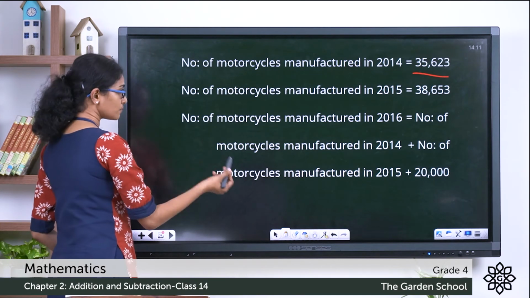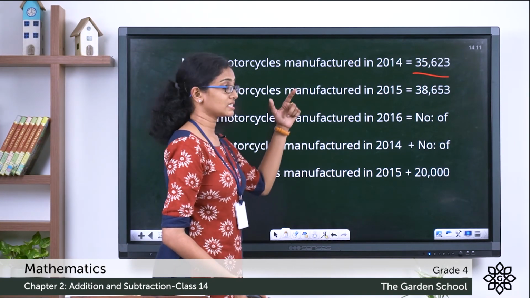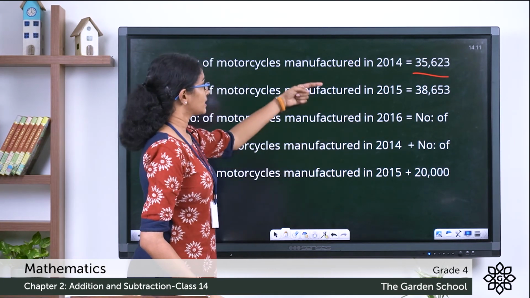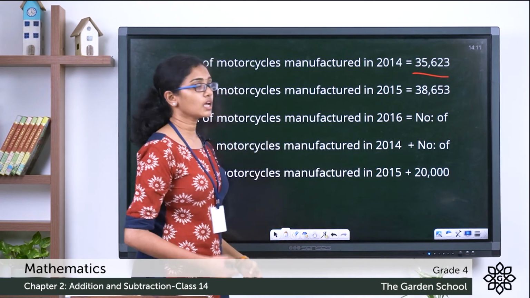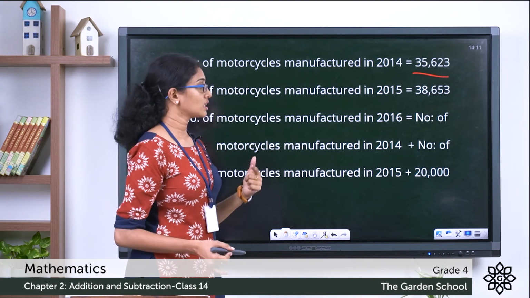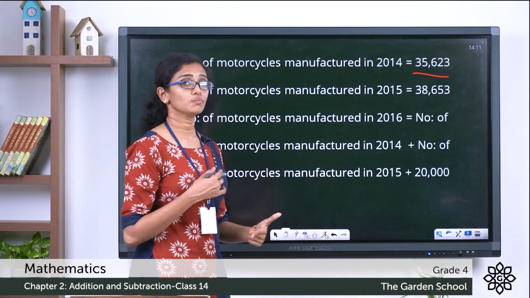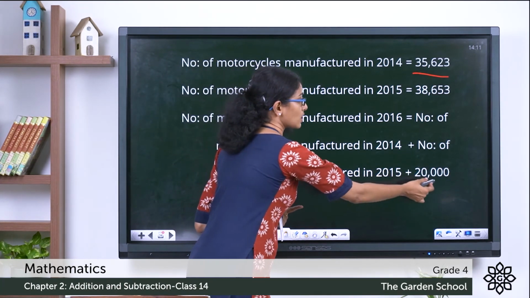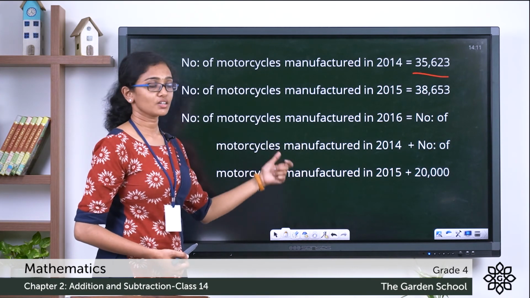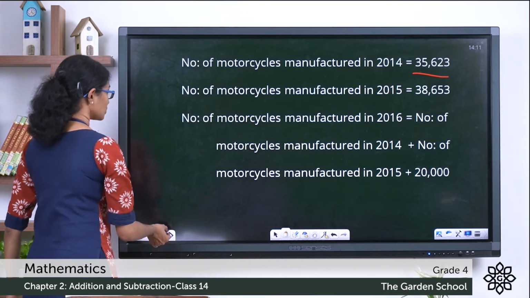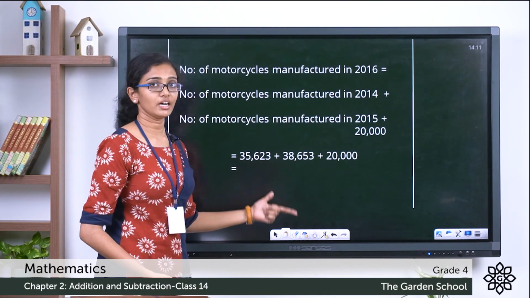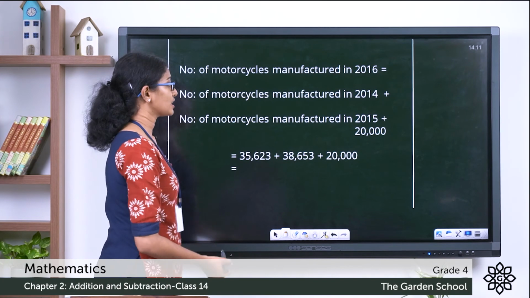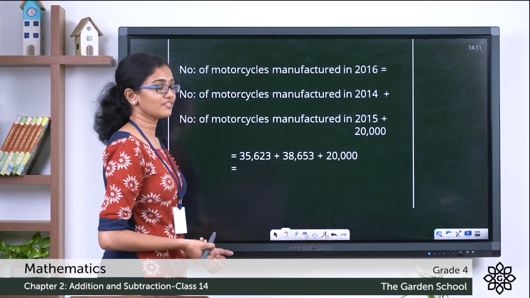Now, the number of motorcycles manufactured in 2016 is equal to the number in 2014 plus the number in 2015 plus it said in the question there were 20,000 more motorcycles. So that 20,000 should also be added to the sum. So let's substitute the numbers here. So these are the add-ins here in this addition. Let's do the addition and find out the total number of motorcycles.